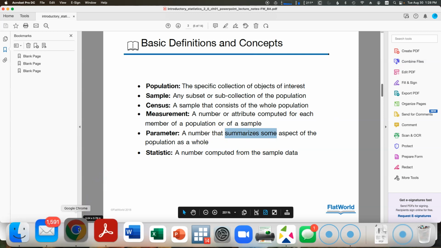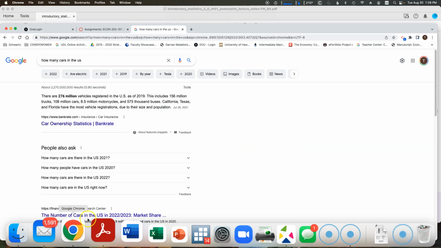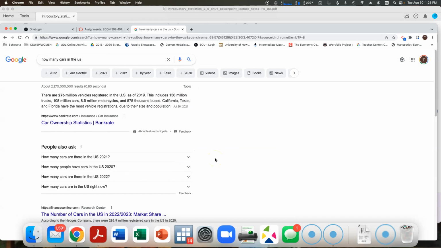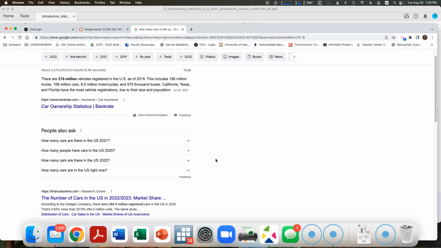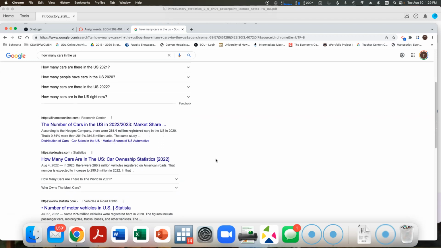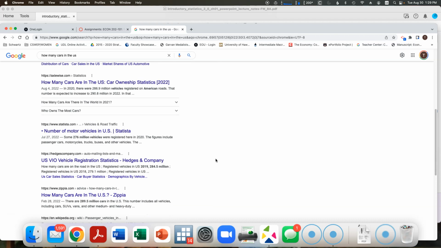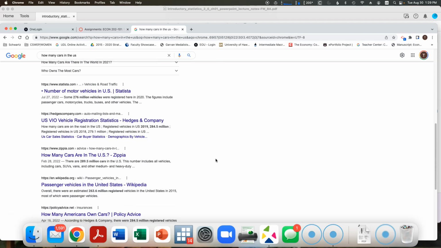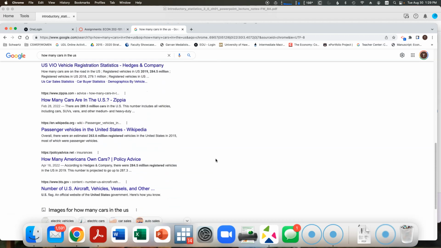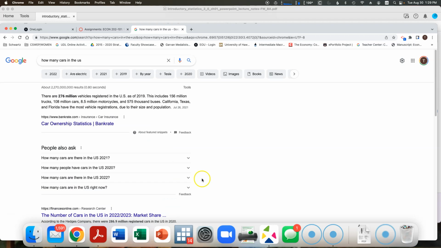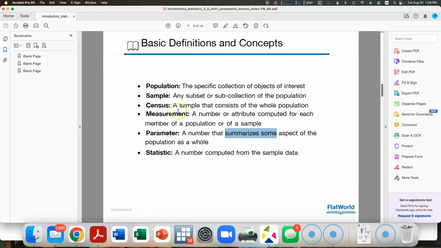As an example, we could look at how much are they all worth? I'm not sure if we can find that kind of information here.